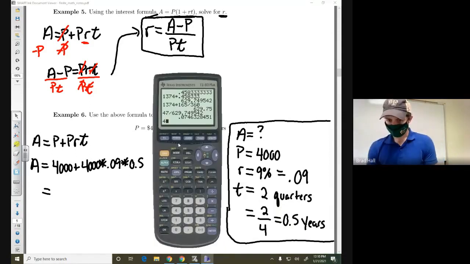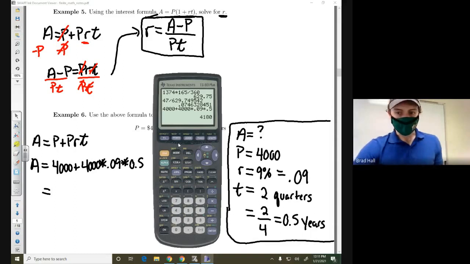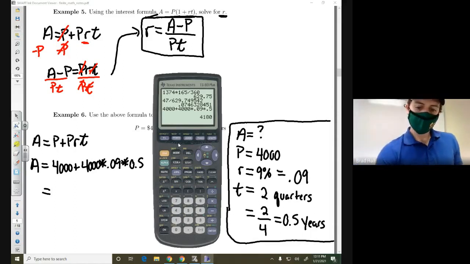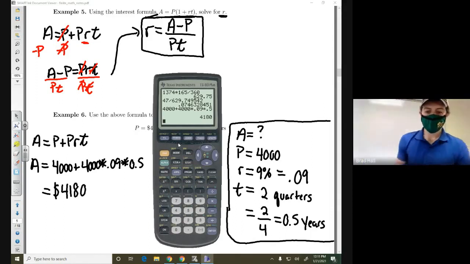Whatever it tells us, I'm fine with. 4,000 plus another 4,000 times 0.09 times 0.5. And that number looks familiar. You can put the dollar sign if you want, this is money, you don't have to. But we get $4,180 even.